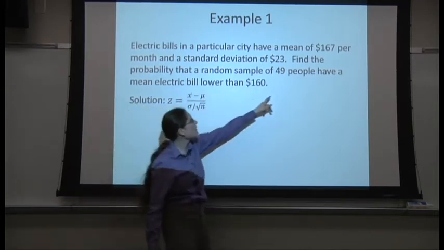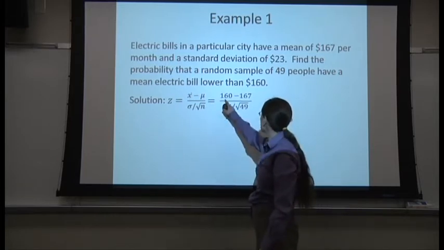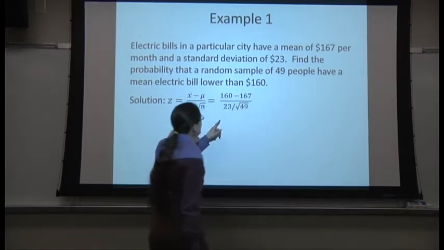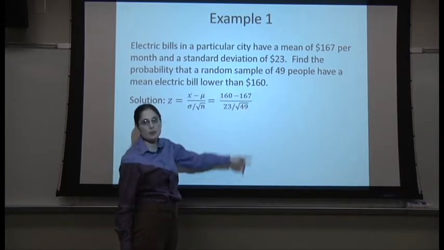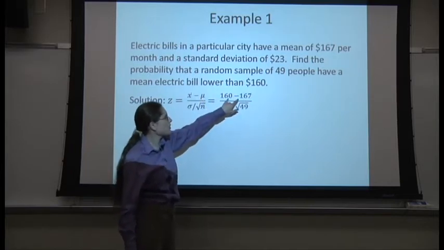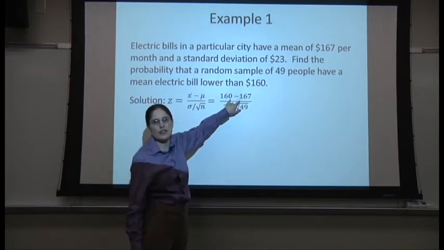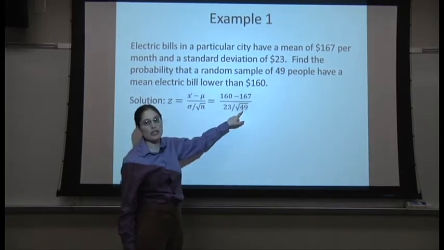This is the population mean. 23 is the standard deviation, 49 is the number of people. Here's a trick. These two numbers should be pretty close together. And n has to be a whole number. It can't be a decimal.